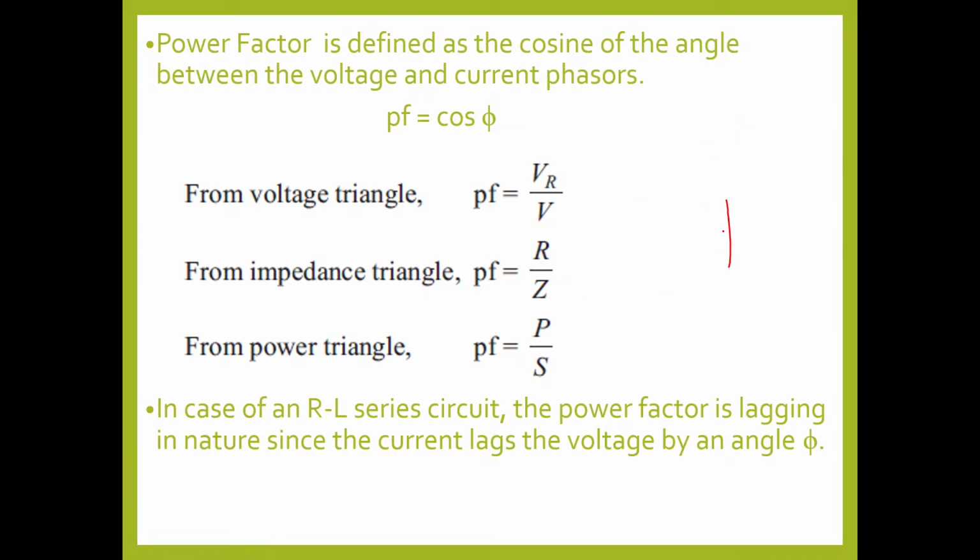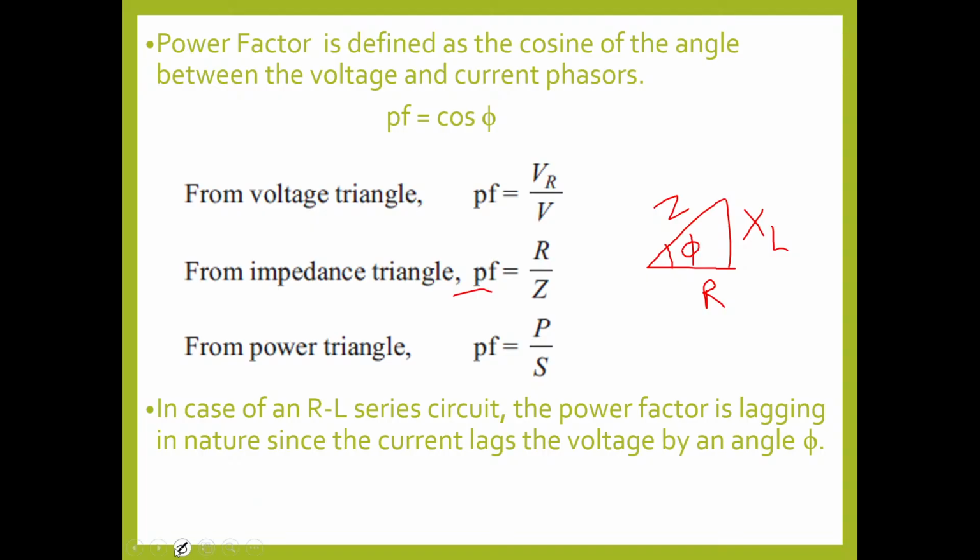If I draw the impedance triangle, this is R, this is XL, this is Z, and this is phi. From the impedance triangle, what is the power factor? Cos phi is R by Z.